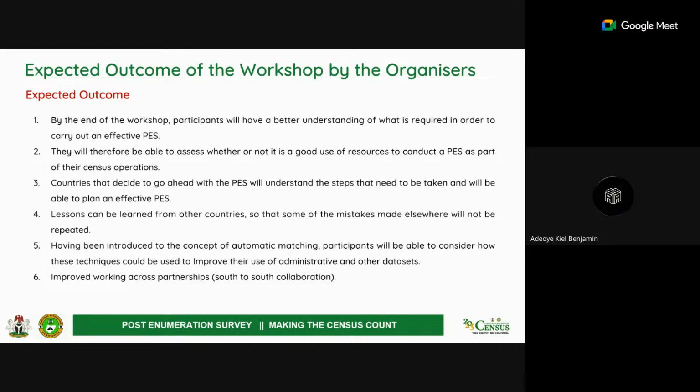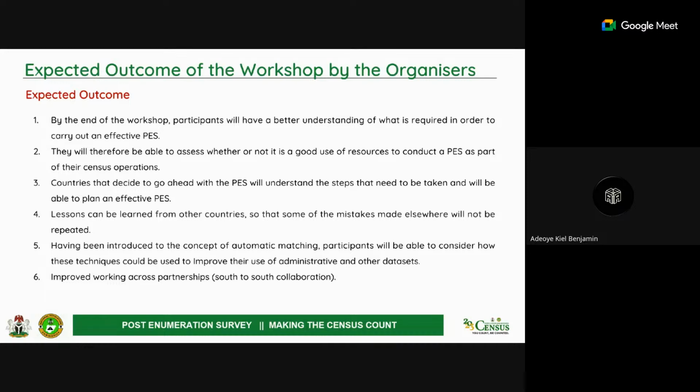After that, you will now go home and decide, with the amount of cost needed to do a PS, is it worth doing, or can that actually be channeled into something better? Countries that have decided to go ahead with PS should be prepared to go ahead. We understand the steps that need to be taken and we aim for an effective PS.